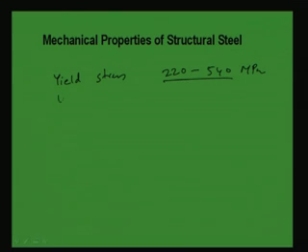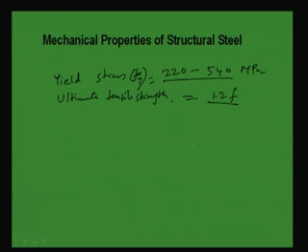Then ultimate tensile strength will become 1.2 into Fy, if Fy is the yield stress, then the ultimate tensile strength will become 1.2 Fy, right.